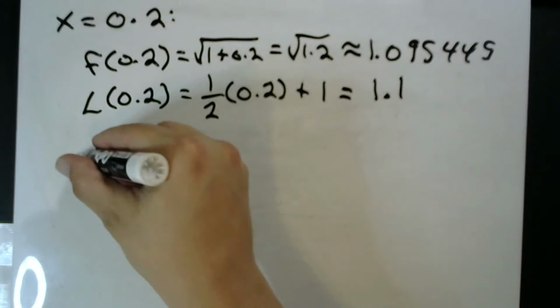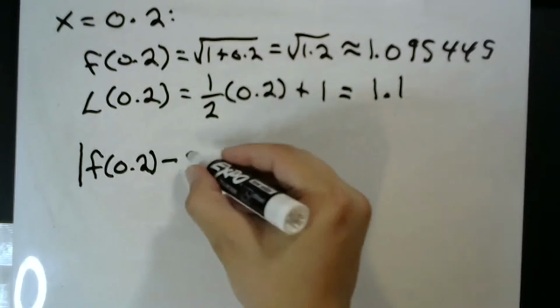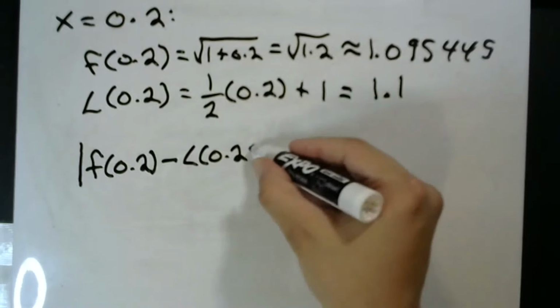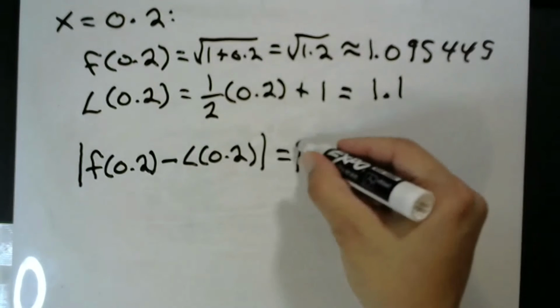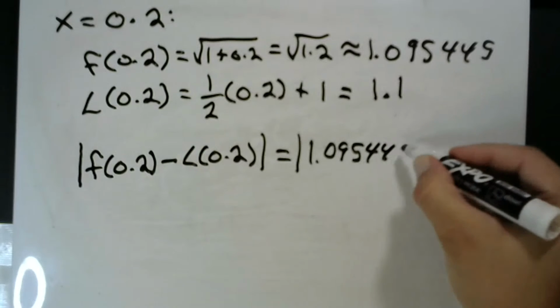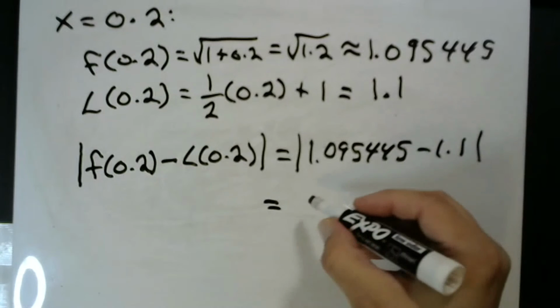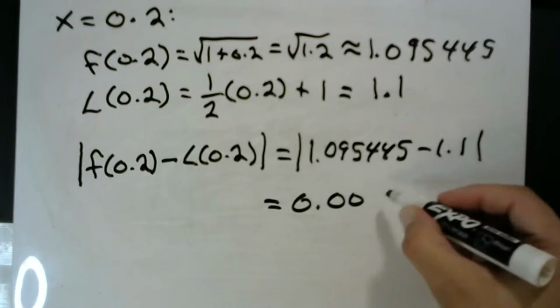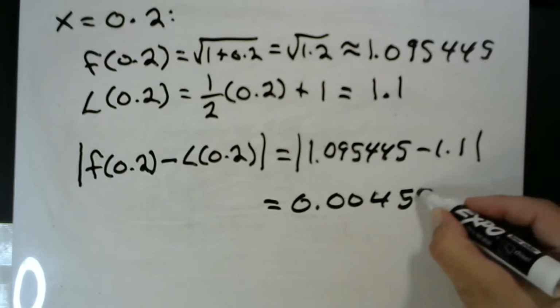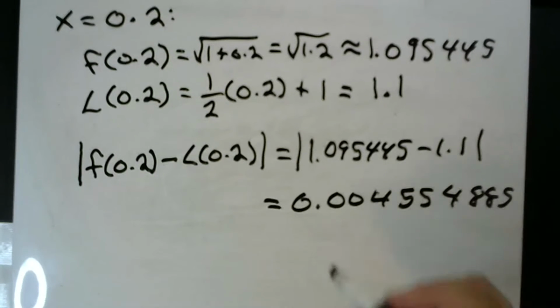So if we take the absolute value of the difference, what we'll get is an error of this amount. So this is how far off our approximation is.